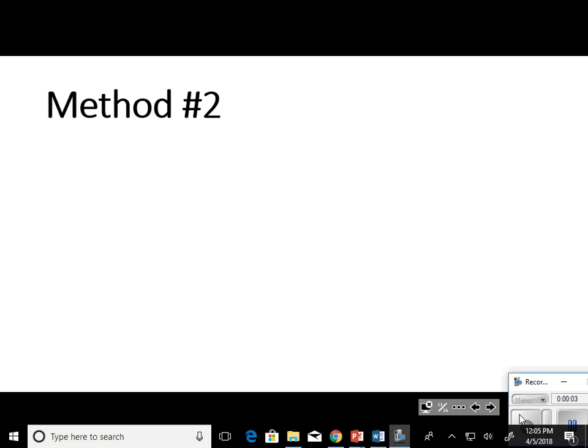As we can see coming up here on the smart board, we call it method number 2. Our second method we referred to as our bracket method.